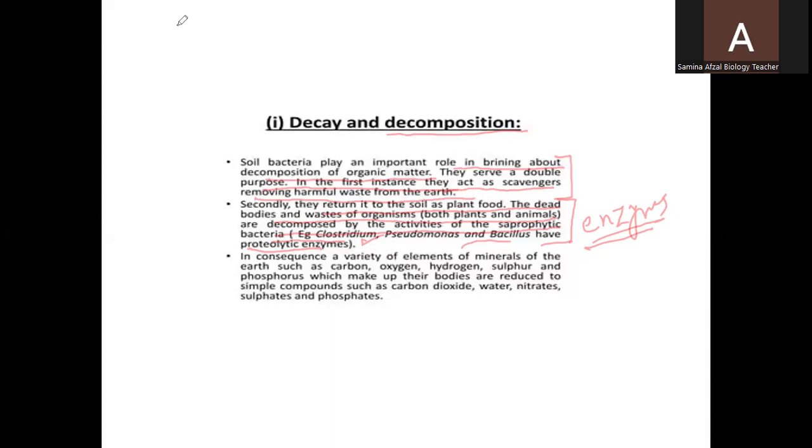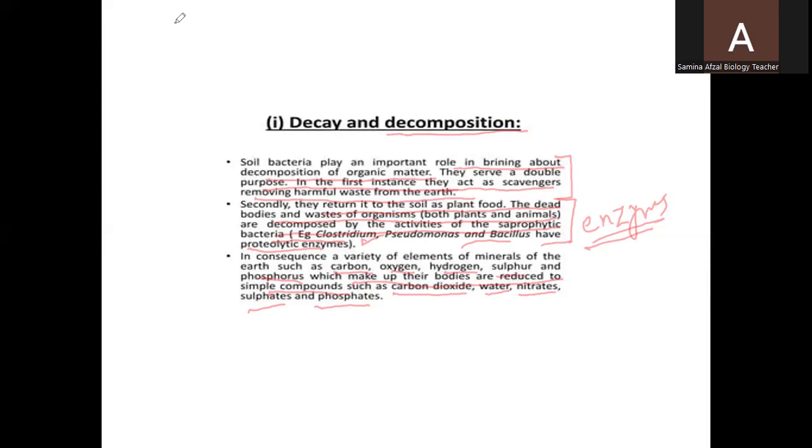In consequence, a variety of elements and minerals of the earth such as carbon, oxygen, hydrogen, sulfur, and phosphorus, which make up their bodies, are reduced to simple compounds such as carbon dioxide, water, nitrates, sulfates, and phosphates. So in this way, we can say that decomposition is a very important process, and bacteria or fungi perform this process.